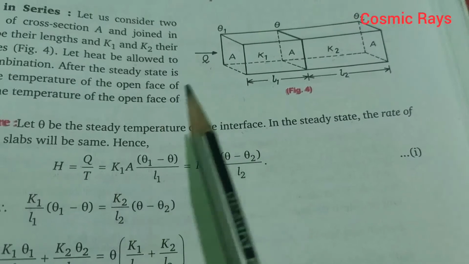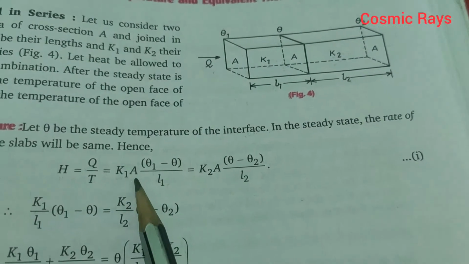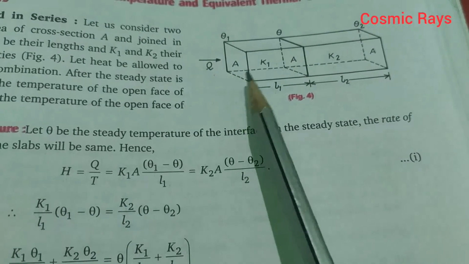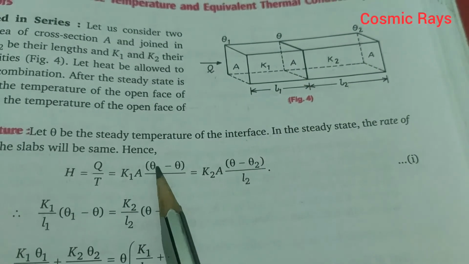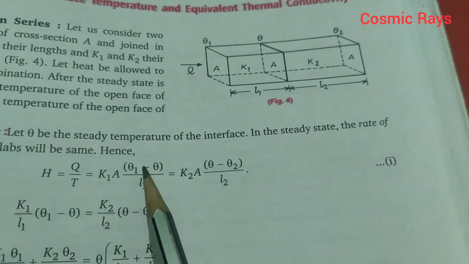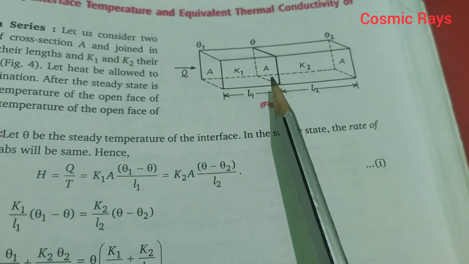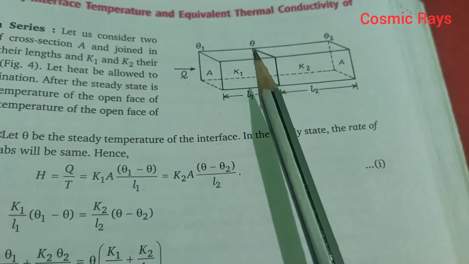Coefficient of thermal conductivity for the first slab is K1. So we have K1, A is the area of cross section, multiplied by the temperature difference. The general formula says temperature of the first phase minus the temperature of the second phase. That is, first phase is theta 1, second phase is theta 2.